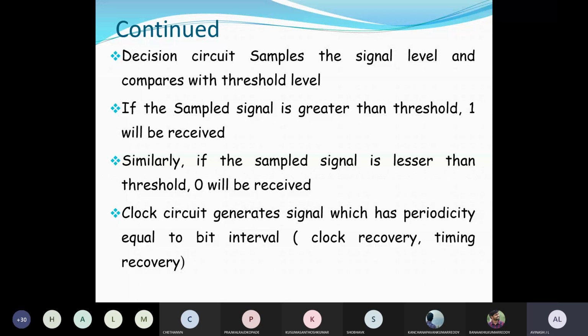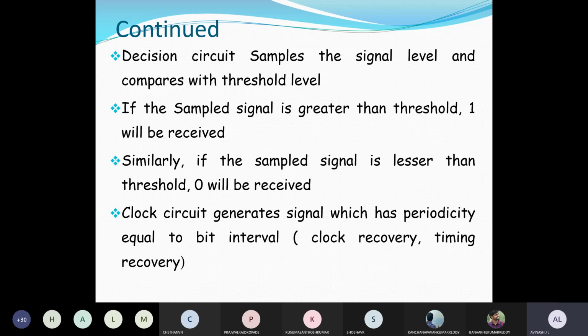Okay, the clock circuit generates a signal which has periodicity equal to the bit interval. So here the clock circuit generates a signal which has a periodic property, periodicity equal to the bit interval. When we have sent bits in terms of zeros and ones, what is the time interval between the 0 and the 1?